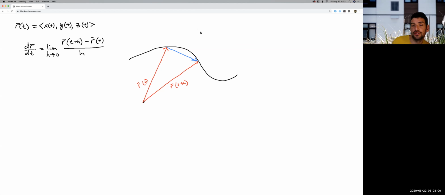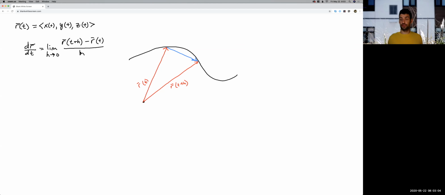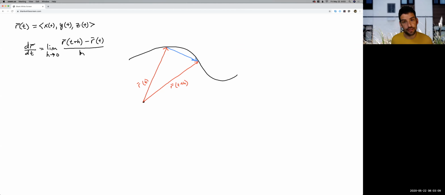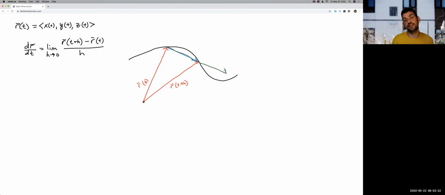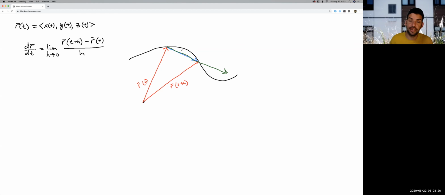As its limit goes to 0, h is getting smaller and smaller. When you divide by something smaller, you make it bigger, right? Divide something by 1/2, you make it twice as big. Divide something by 1/100th, you make it 100 times as big. So this vector, after we divide by h, is going to be some scaled version, same direction, some scaled version of that vector there, okay?